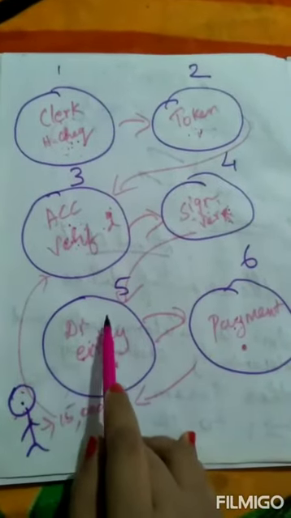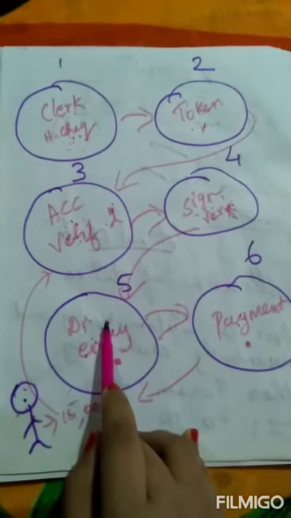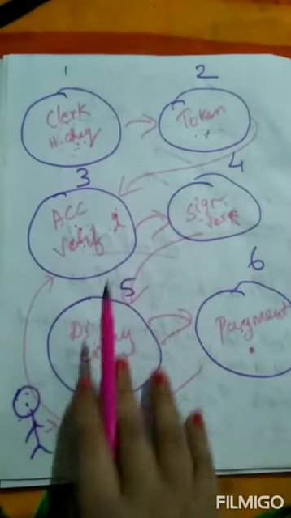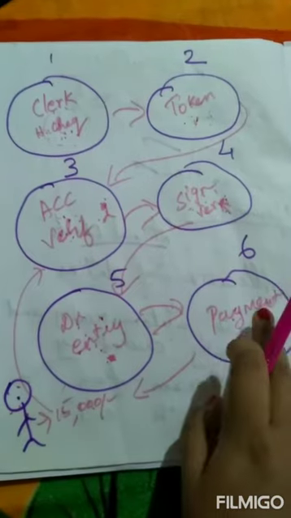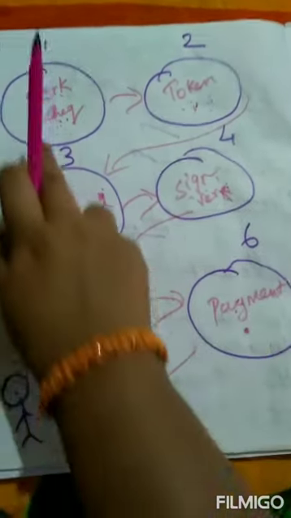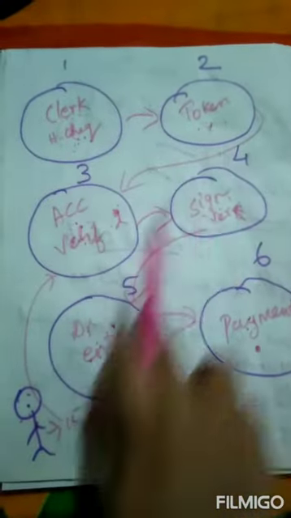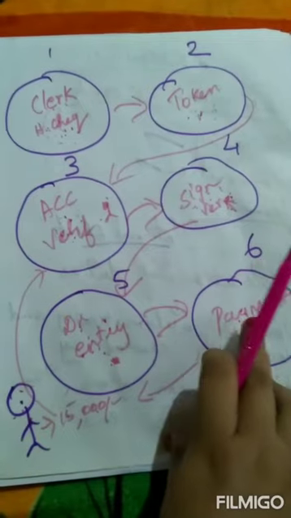Next is the fifth counter. This fifth counter person checks the first, second, third and fourth counters' work. Next, last is the sixth counter. The sixth counter person has to see the work of counters 1, 2, 3, 4 and 5 also.